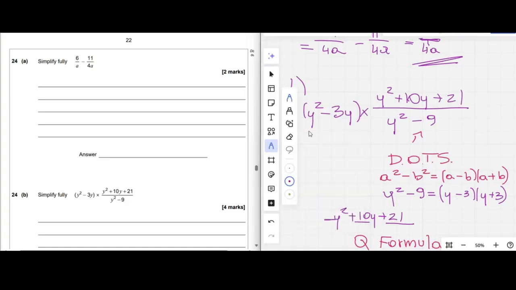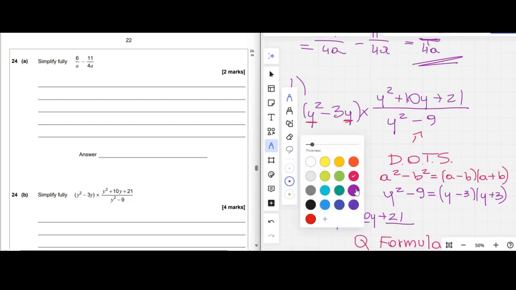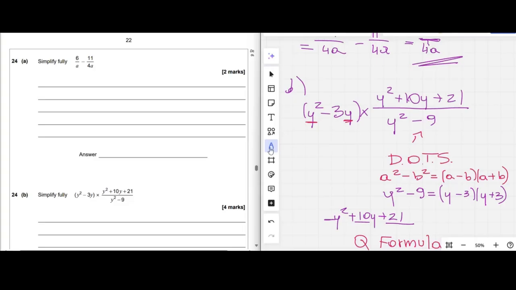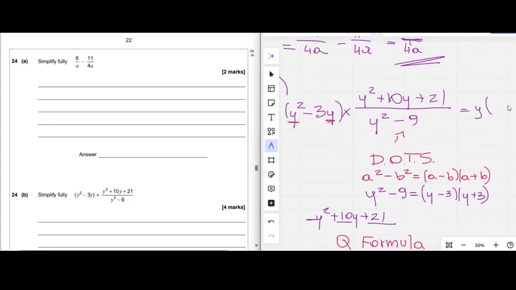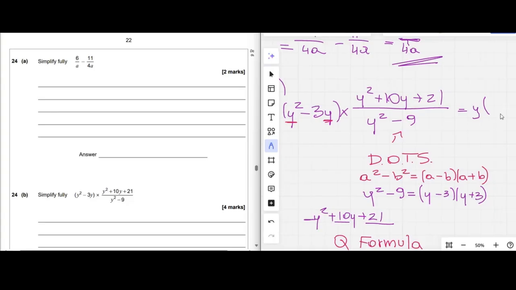In that thing, from here we have common factor being y. So we can put that outside the brackets. From y squared, if we take one y, we'll leave with just another y, and then minus 3 from the other.